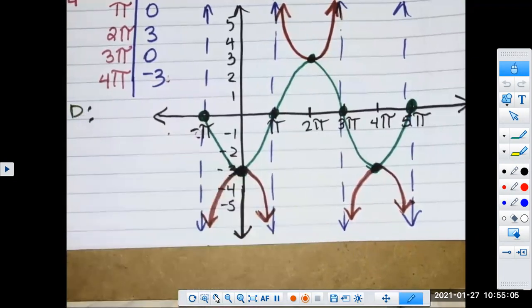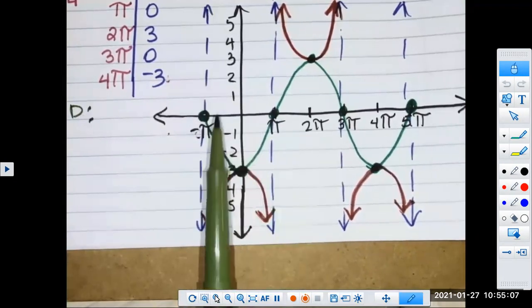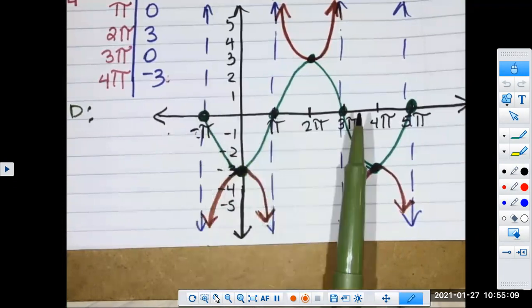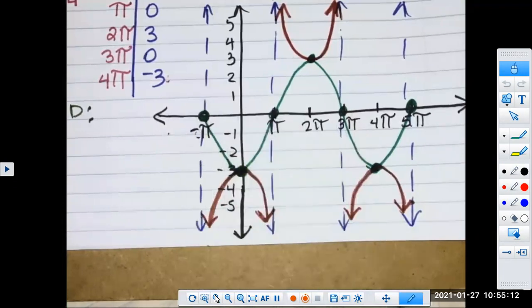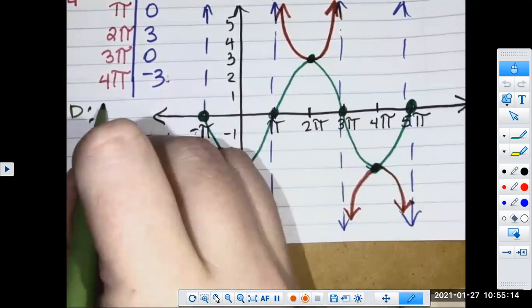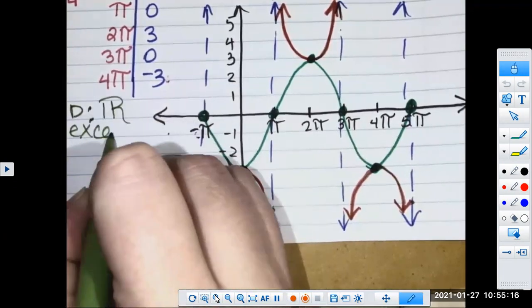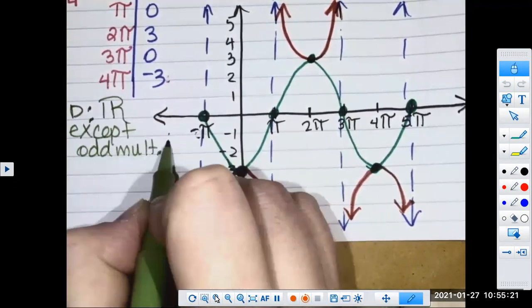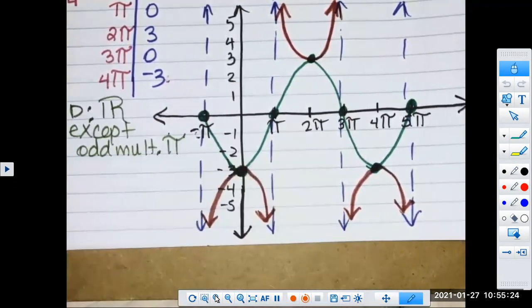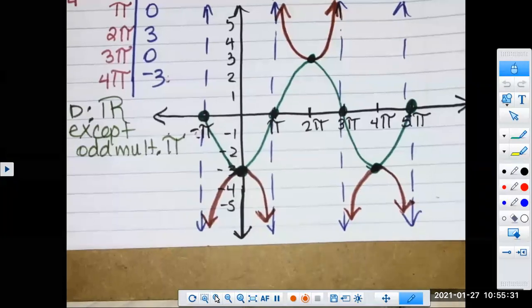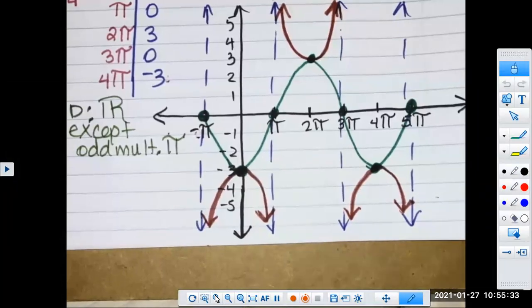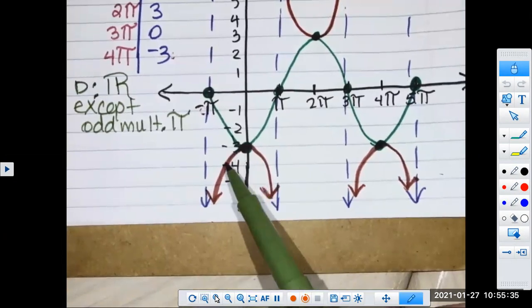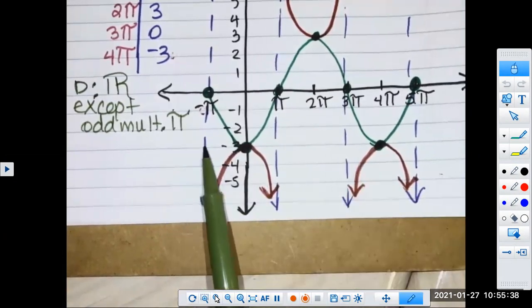Your domain, you've got asymptotes at every odd multiple of pi. So domain is all real numbers except odd multiples of pi. Okay, if you're just looking at this part of your graph, to figure out the range, notice that it's going to go down forever, but it's going to come back up where?